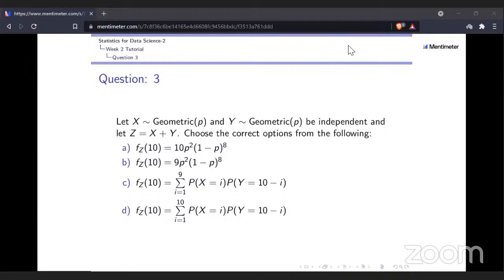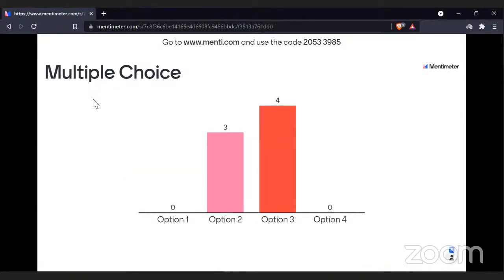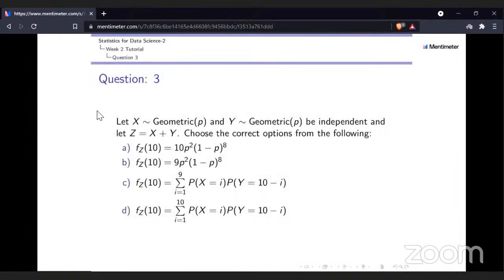Ma'am, I can't see the options in the voting. Ma'am, should we go formula wise or should we perform summation? Yeah, I just checked. You can give the final answer. Multiple select is not available.